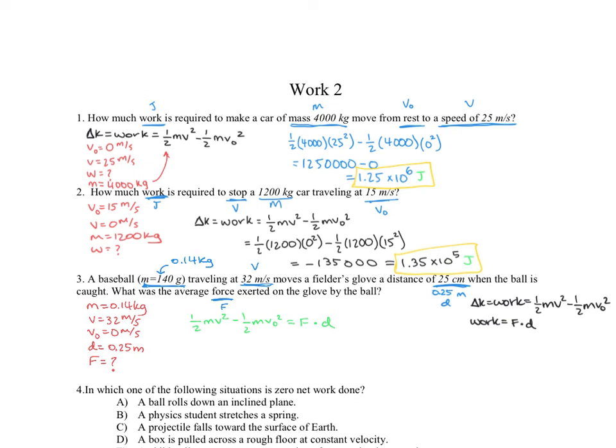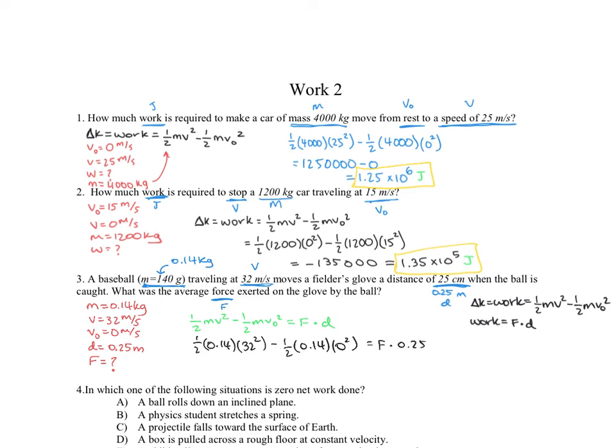Now, once we set them equal to each other, we can go ahead and just solve this out. So we can do 1/2 times our mass of 0.14 times our velocity of 32 squared minus 1/2 times 0.14 times 0 squared is equal to force, which is unknown, times displacement of 0.25.